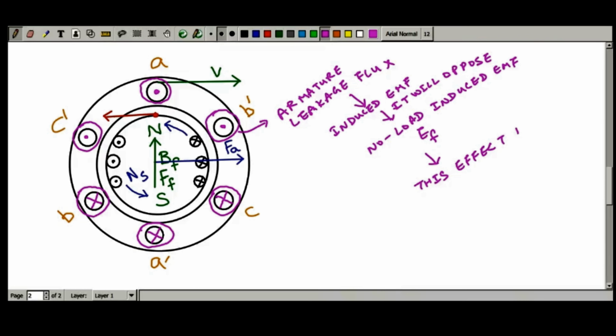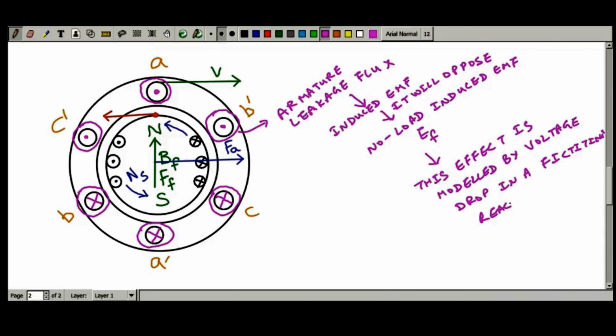This effect is modeled by, or represented by, voltage drop in a fictitious reactance which is known as armature leakage reactance, that is XAL.